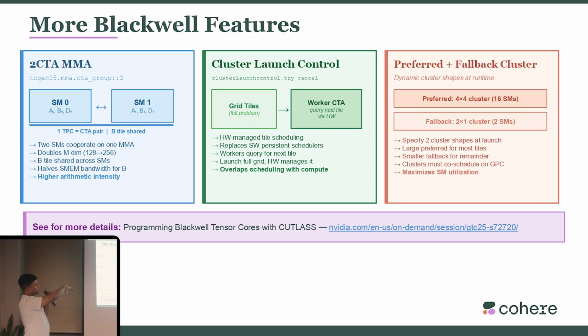You load, you do MMA, and you store. Everything is asynchronous and fully pipelined, and you don't need 384 registers to do this. You just need 1 WOP for TMA load, 1 WOP for tcgen05 MMA, and 1 WOP for epilogue. So this is what Blackwell introduced. It solved something that was a problem for Hopper.